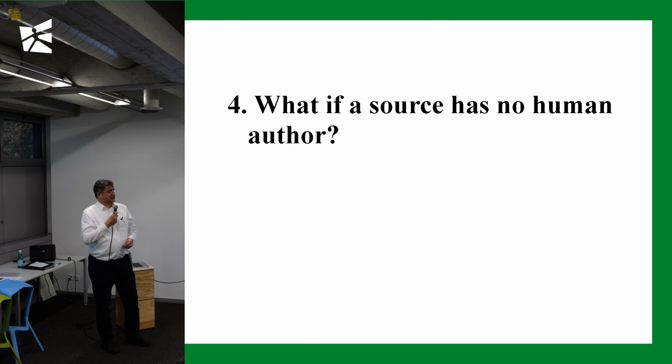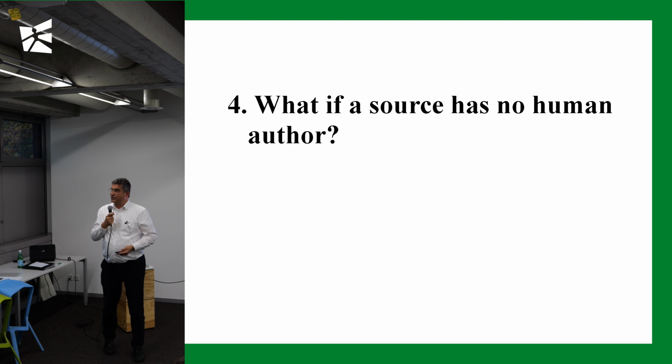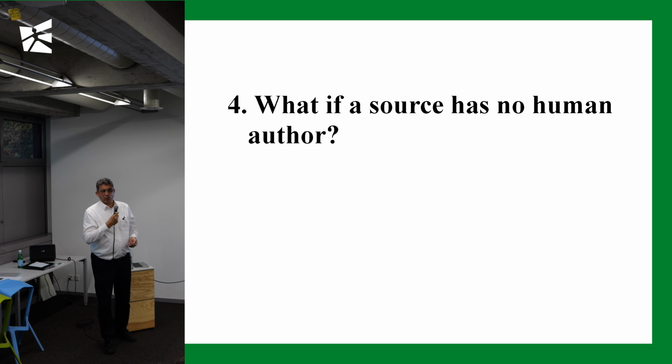Now, APA says quite clearly that authors can be human, but they can also be non-human. Non-human means there can be an organization, an institution, a company. Anyone who holds copyright, anyone who creates content and who publishes content is therefore an author.